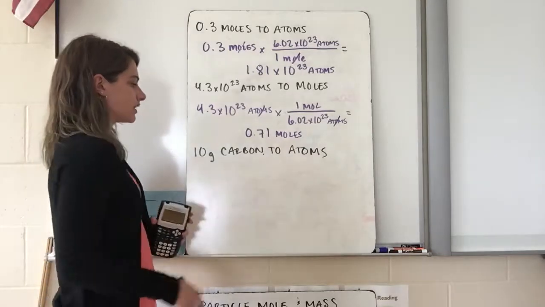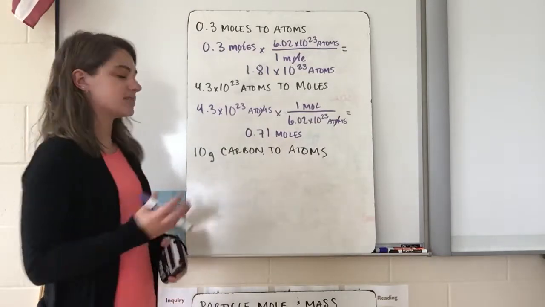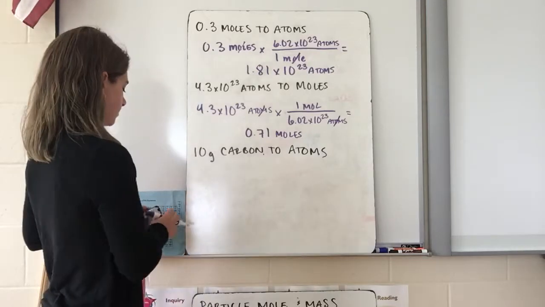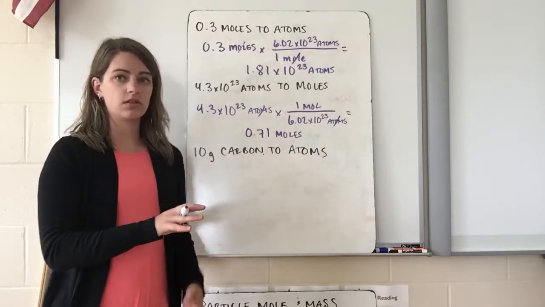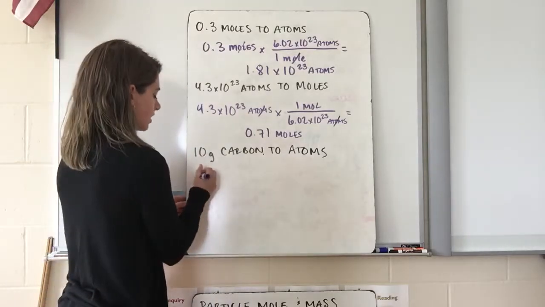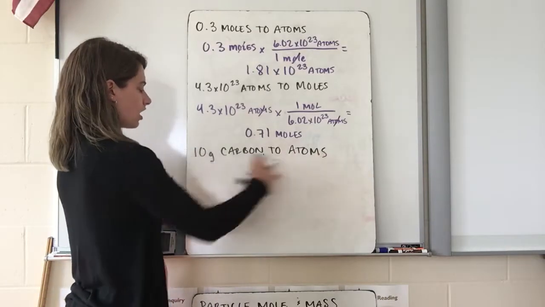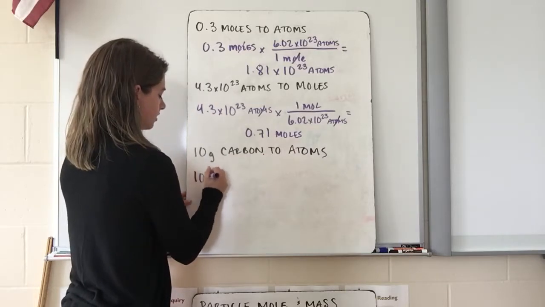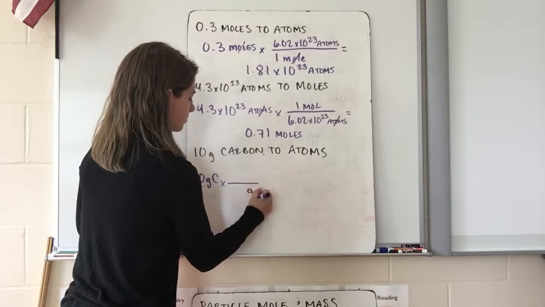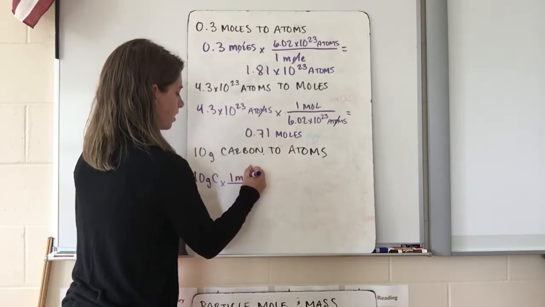Now, just to mix it up, let's throw in another step. Let's say I have 10 grams of carbon, and I want to figure out how many atoms are in 10 grams of carbon. So I'm going to go grams to moles, then to particles. Okay, so I can set this up all in one long setup. So I have 10 grams of carbon. I know I want my grams on the bottom, and I'm going to put 1 mole on the top.